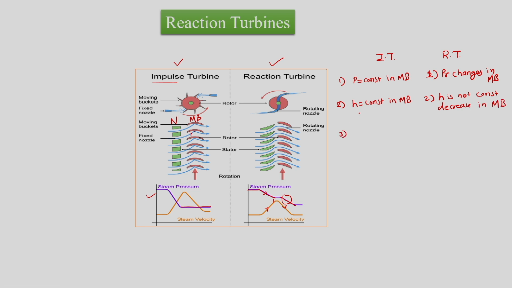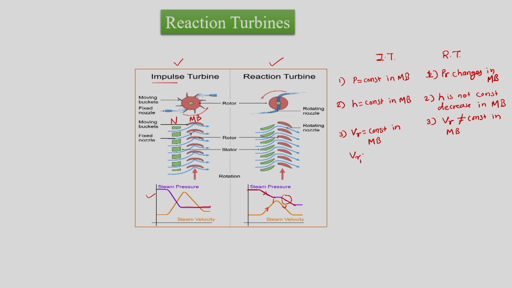As an outcome of this, relative velocity is constant in the moving blades of an impulse turbine, but relative velocity is not constant in the moving blades of a reaction turbine. So what is the maximum constraint?